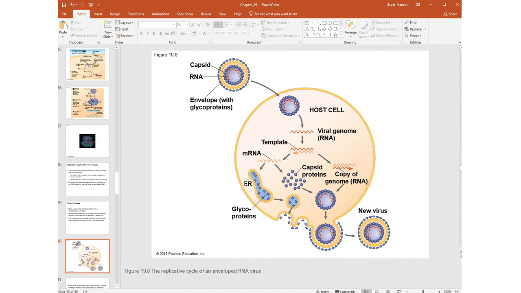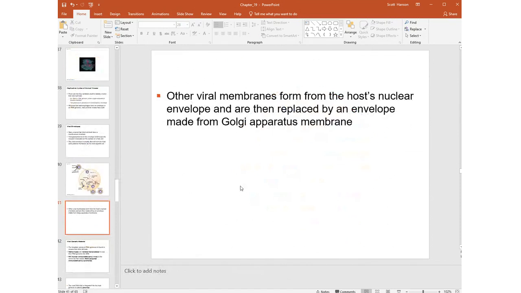That's ER there, endoplasmic reticulum of the cell, and also the template is also used to make more RNA genomes for the new virus particles. So as the virus particles leave the cell, they basically coat themselves with a little bit of the plasma membrane with the glycoproteins on the surface, and that surface membrane then is the viral envelope, the outer layer of the virus.